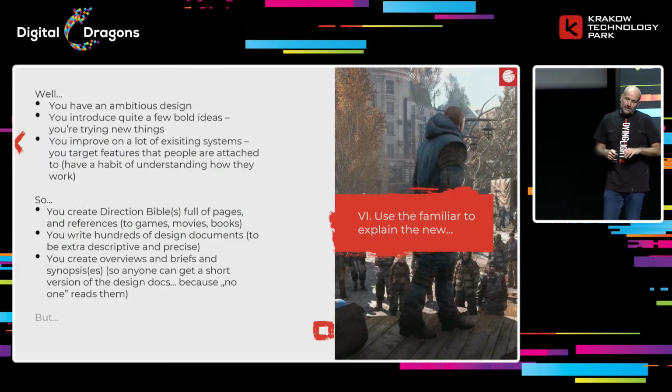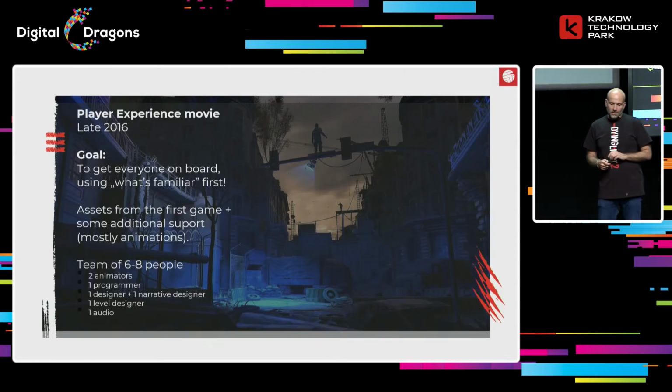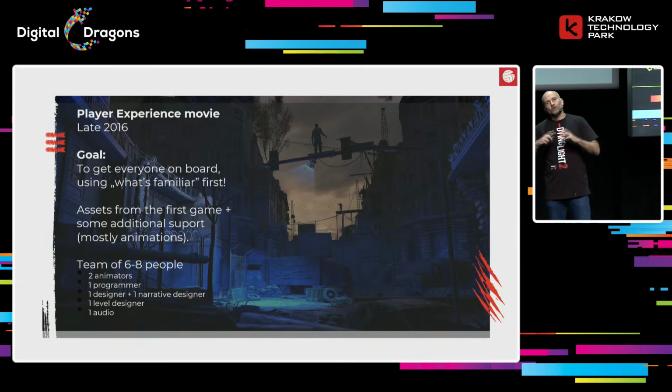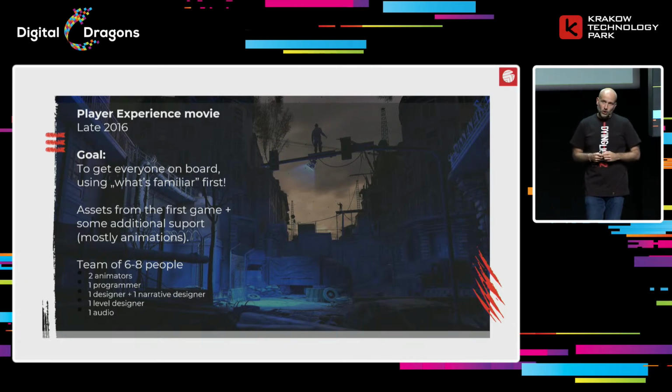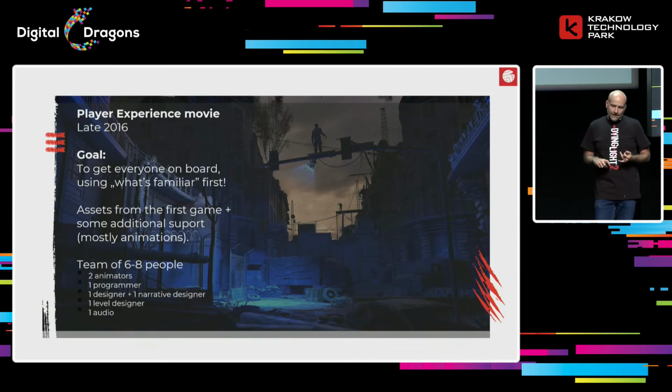So what we did, and I think it was a really cool tool of explaining the sequel internally to the team, is we did this thing that we called the player experience movie. So we took the assets from the first game and we tried to create something which would be like a prototype of Dying Light 2 Stay Human, but it wasn't really a fully playable prototype because we did this with animators, a video editor.